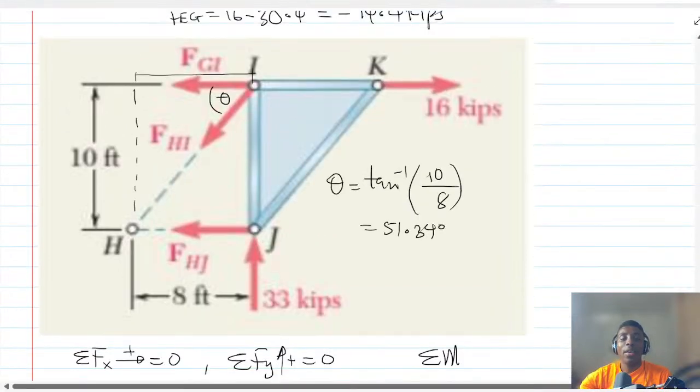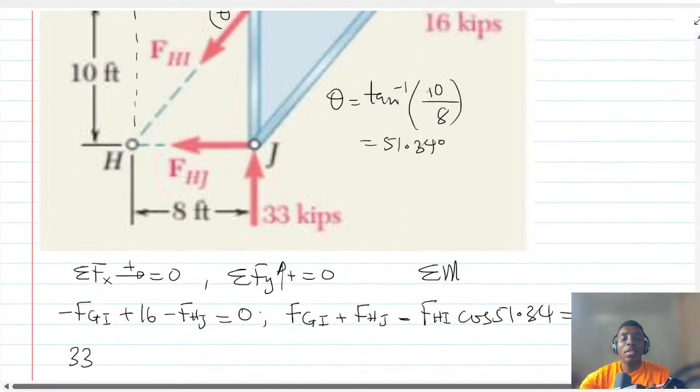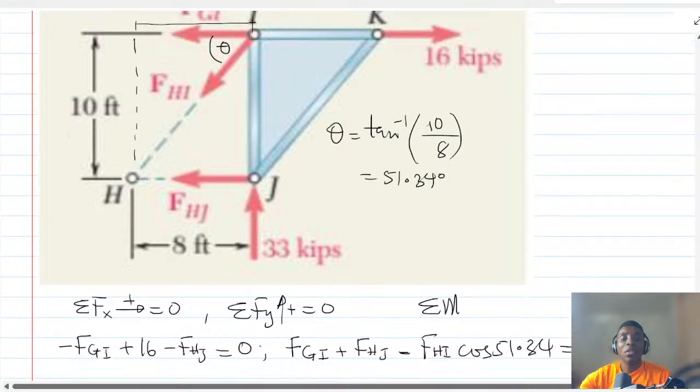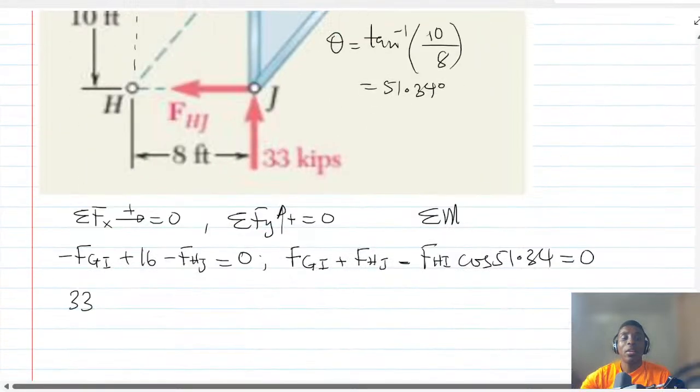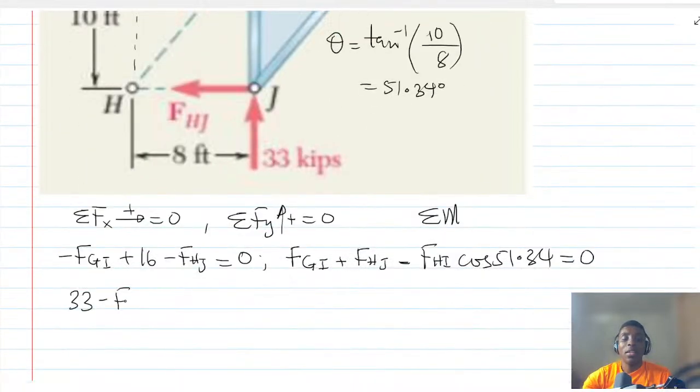And then with the y, we have 33, and then minus FHI sine 51.34 equals 0.